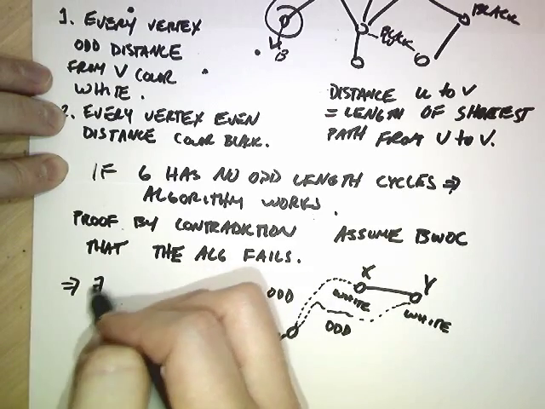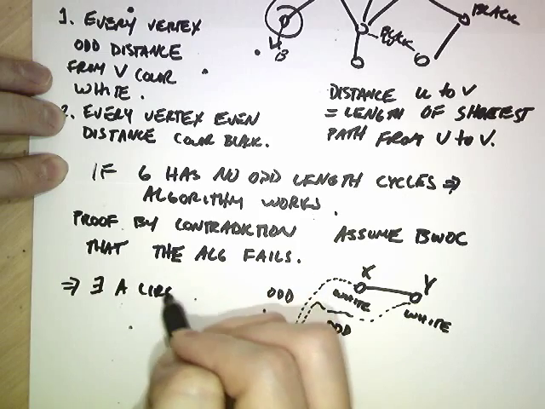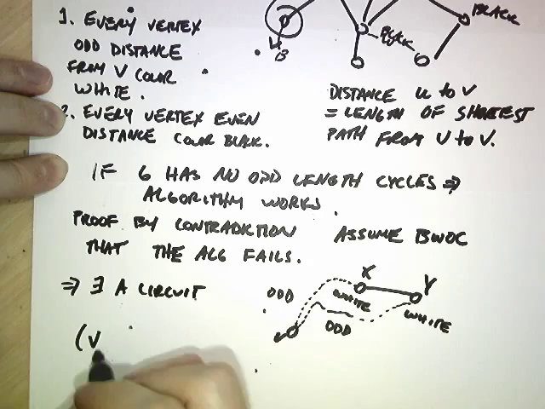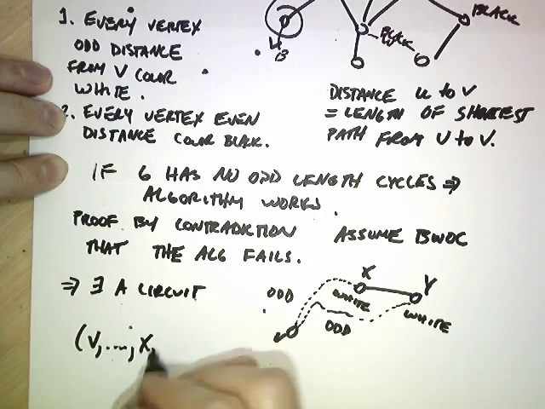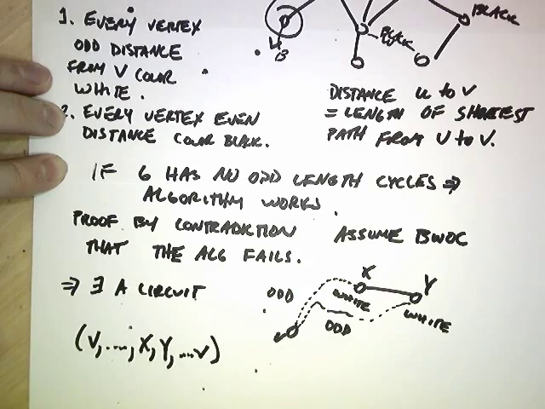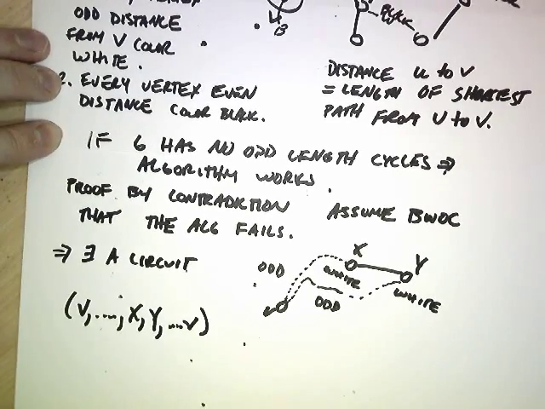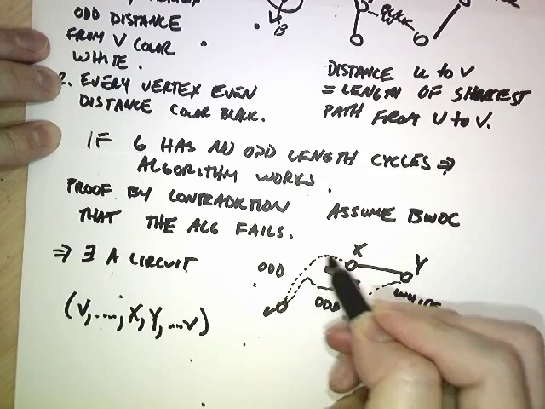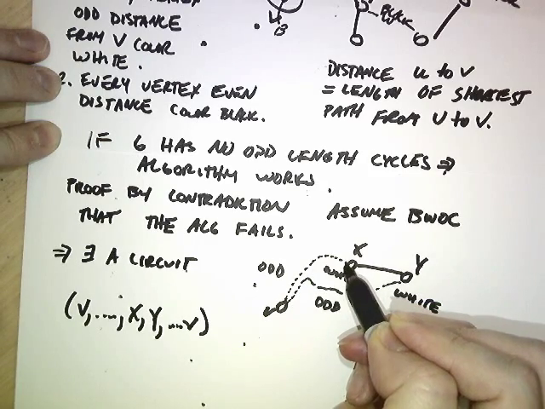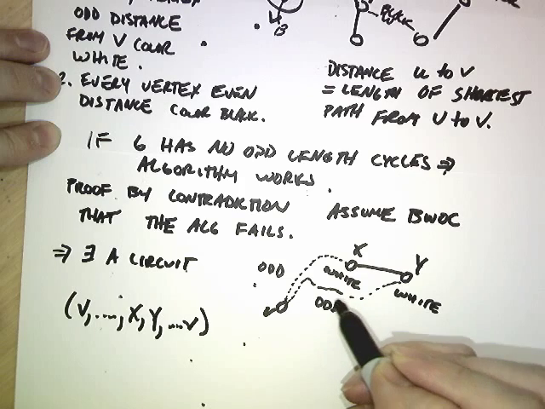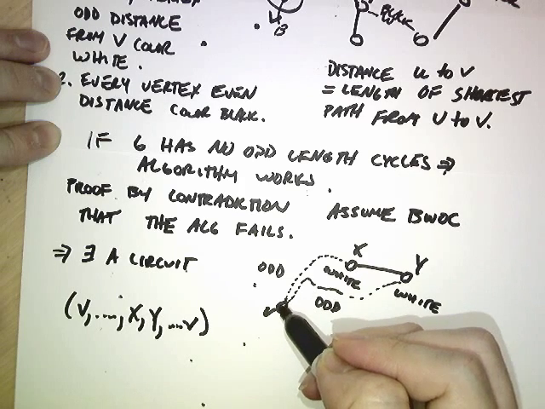So this implies there exists a circuit, basically that starts at v, goes to x, takes y, and goes back to v. And what's the length of this particular circuit? Well, it was an odd number of edges to get to x, plus 1, so that's even. And then even plus an odd is odd.